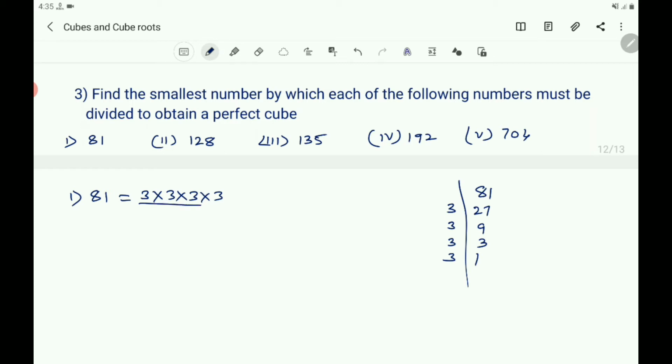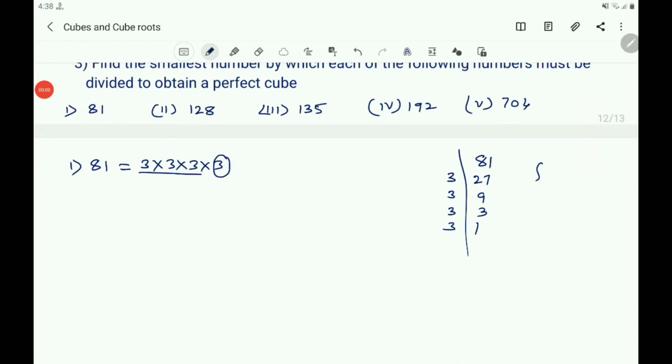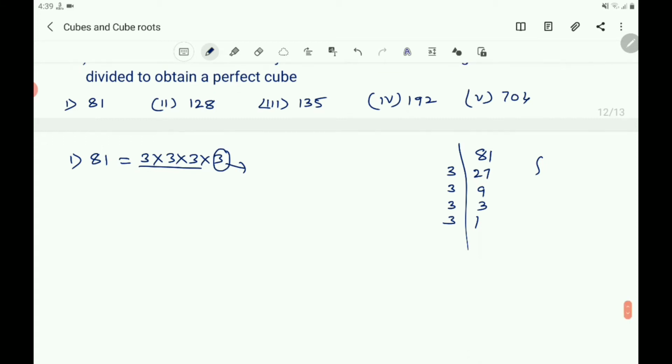And here you got a group of 3, that is one set of 3, and this 3 is extra here. So what you can write here? Here 3 is single. So here we have to divide 81 by 3 to make it a perfect cube.